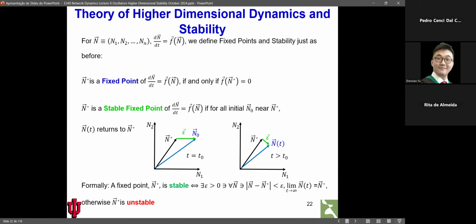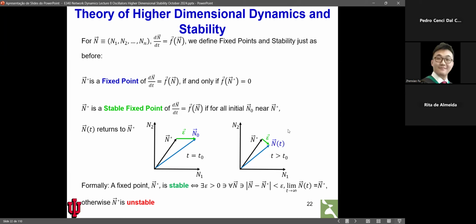The maximum value of epsilon that you can have, such that all the trajectories inside that ball will bring the system back to the fixed point. All of these points will be the basin of attraction of that fixed point, and it will give you a measure of the size of the basin of attraction, right?